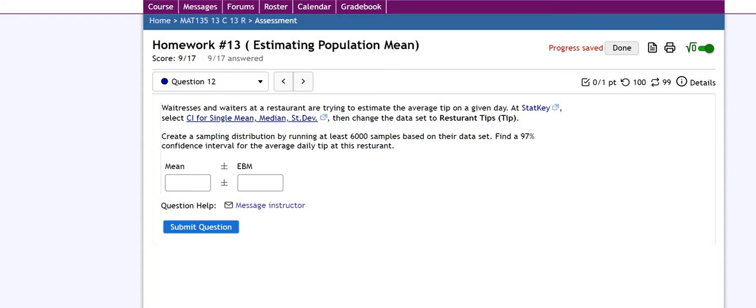Then we need to create a sampling distribution by running at least 6,000 samples based on their data, and find a 97% confidence interval for the average daily tip at this restaurant. So we need to compute the mean and the margin of error. EBM is basically the margin of error.